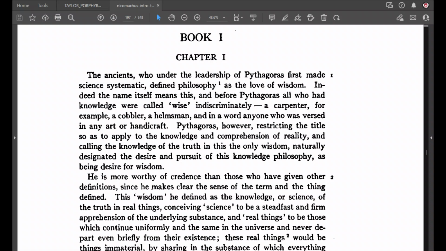The name that you see in this book with a US ending is just the Latin form of that Greek name. Okay? It's pronounced Nikomakos. It's a Greek name.